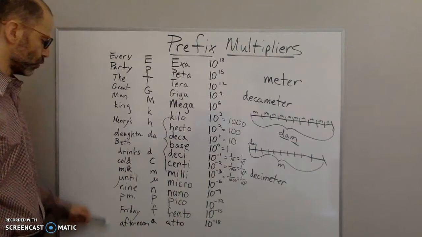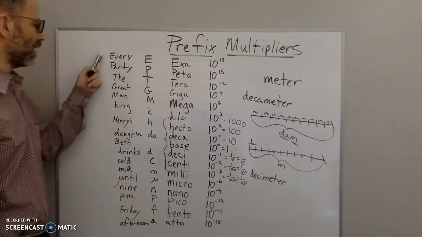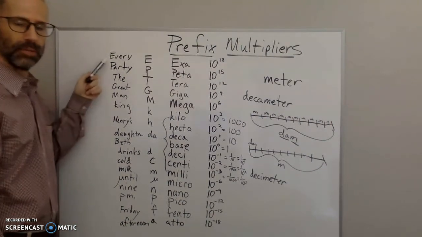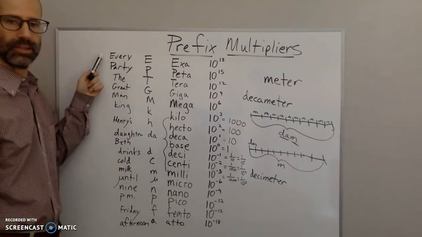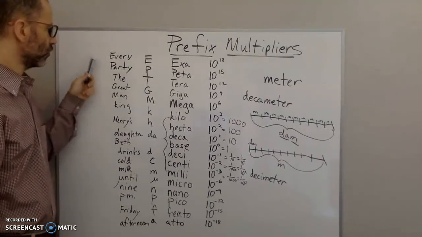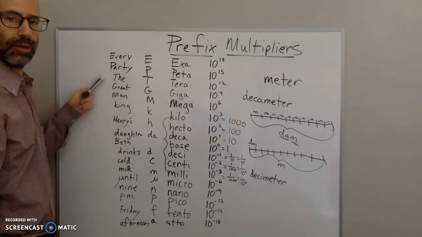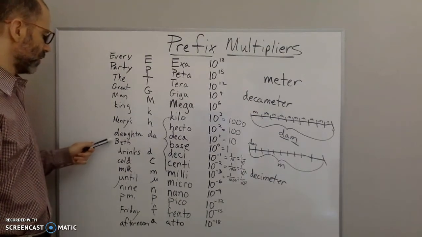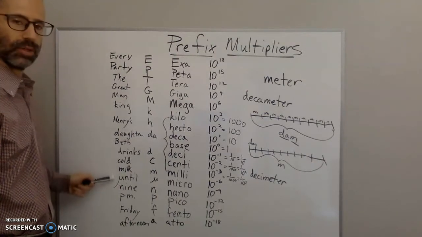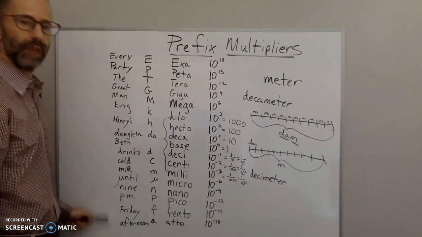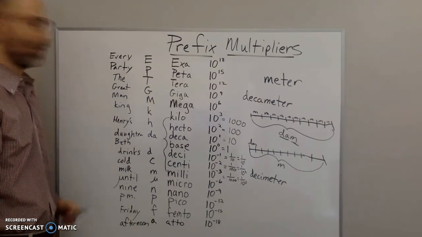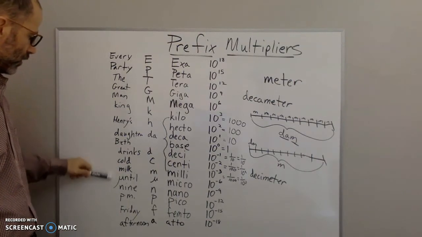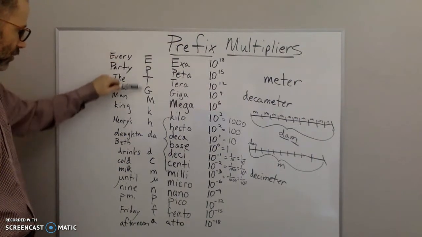To make this flow better, you could say at every party, but remember the A for at doesn't apply to anything. So: at every party, the great man King Henry's daughter, Beth, drinks cold milk until 9 p.m. Friday afternoon. You can see that the first letter of each word matches the abbreviation for the prefix.